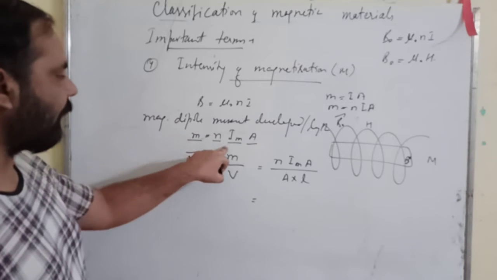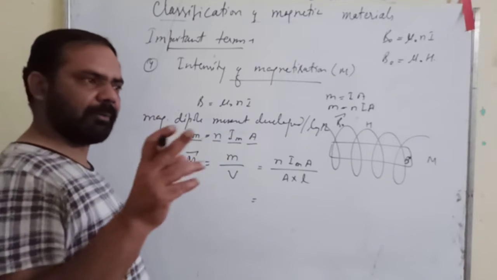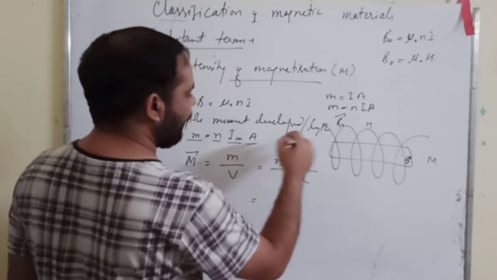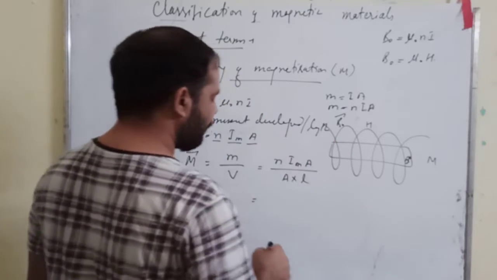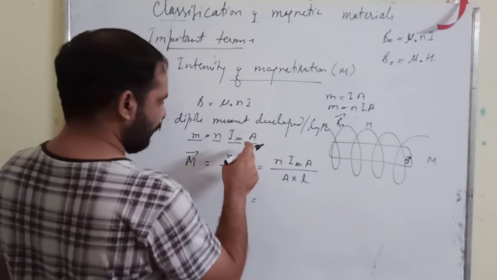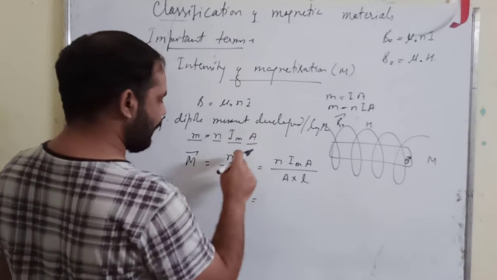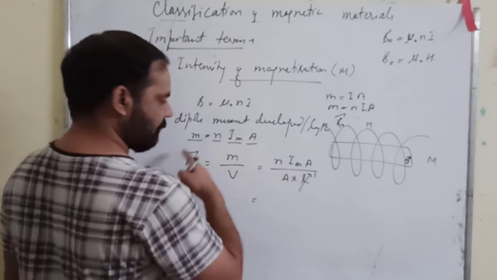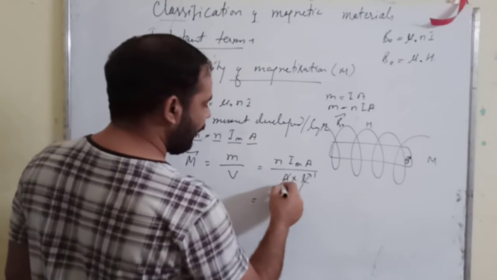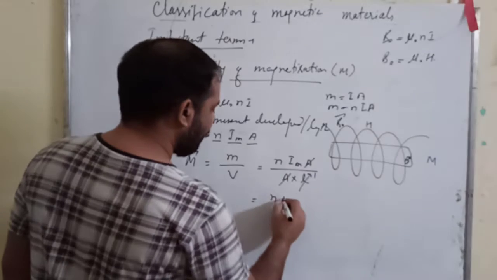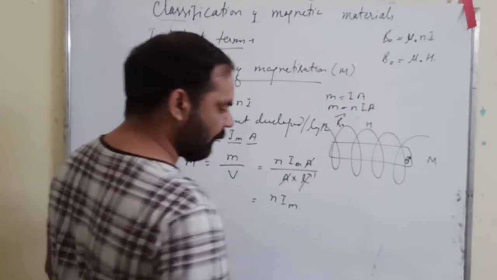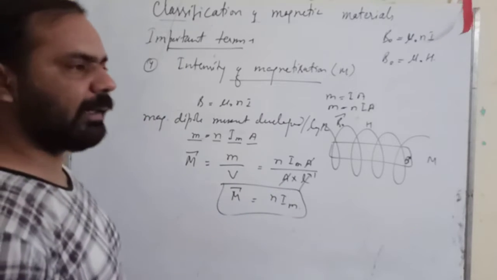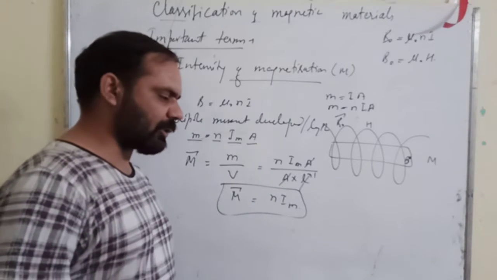M equals N Im A for unit length. If you want to find it for some length, you will have to multiply it with the length. Here we are finding M per unit length, so L becomes 1, and A cancels. N Im will be your formula for M. This is the formula for intensity of magnetization, right?